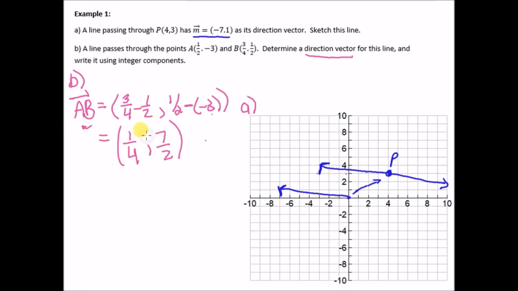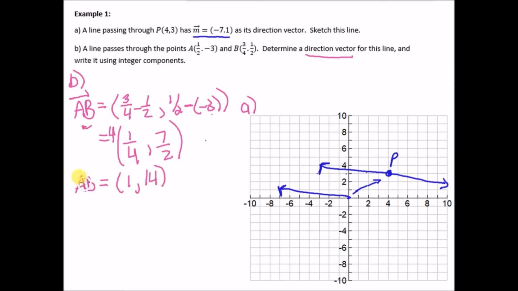So what we're going to do is multiply this by, I call it the lowest common multiple. You might remember that from grade 9. So I know if I multiply both of these by 4, it's also going to cancel out that 2. So 4 times 1/4 is going to equal 1. And then 4 divided by 2 is 2. So we get 14 for that.